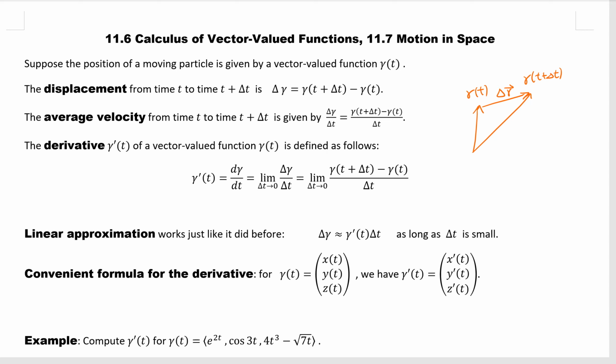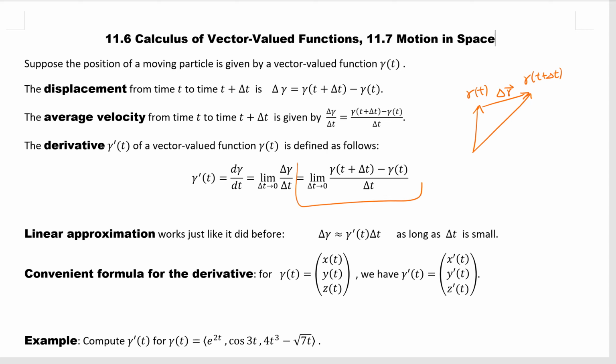The derivative gamma prime of t of a vector valued function gamma is defined as follows. We have gamma prime of t equals d gamma dt, the limit as change of t goes to 0 of change of gamma over change of t.